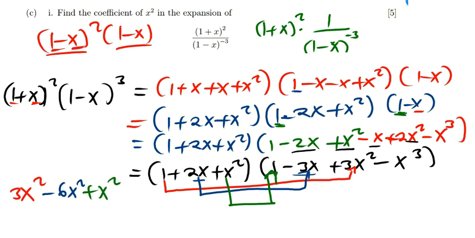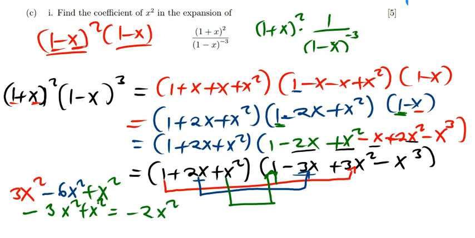So these are the only x squared values we can get. Now if I add these, I'm going to end up having 3x squared minus 6x squared, which is negative 3x squared, plus x squared. So this is going to give me negative 2x squared.